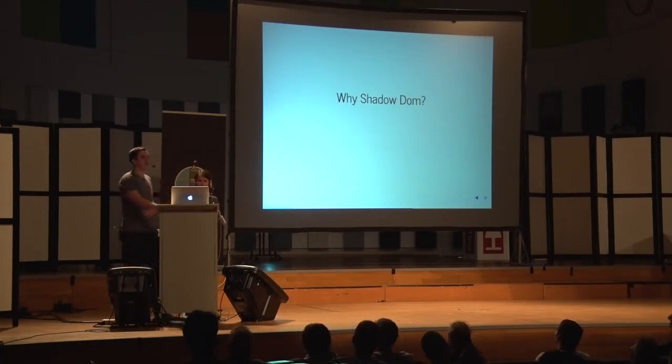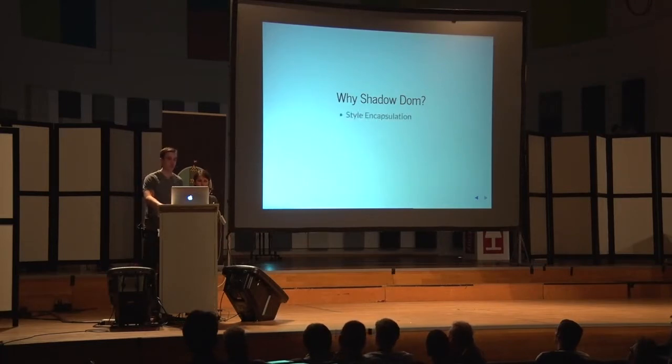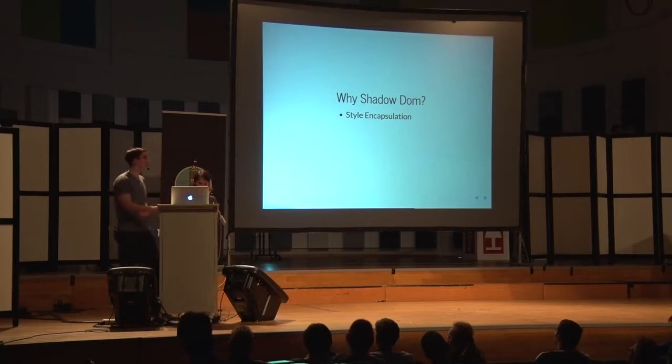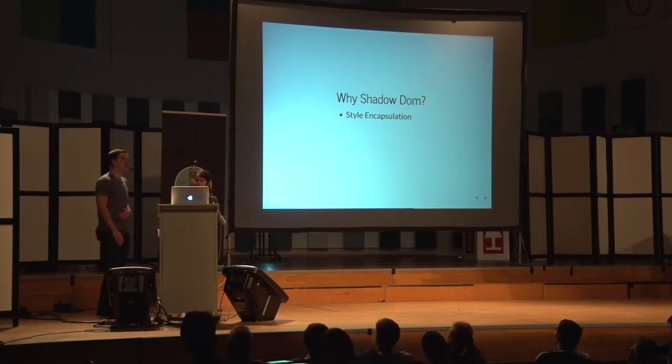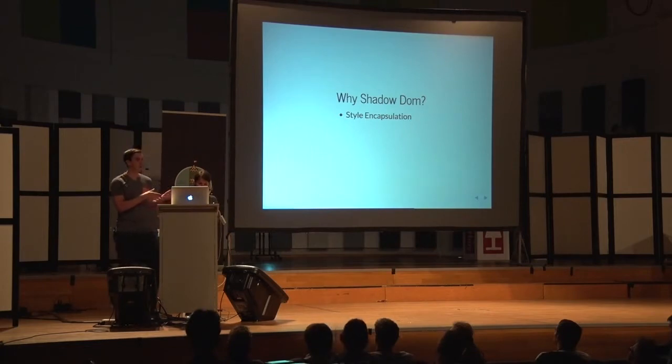Why do we want this, do we think? Why would we hide stuff from the rest of the document? Is this really smart to do? Well, sometimes, as I said before, with the templates as well, you want to have styles. You want to use a specific style sheet from a different website. Instead of Bootstrap, you have other ones, etc. You want to combine them, and you want a specific style for that one button.